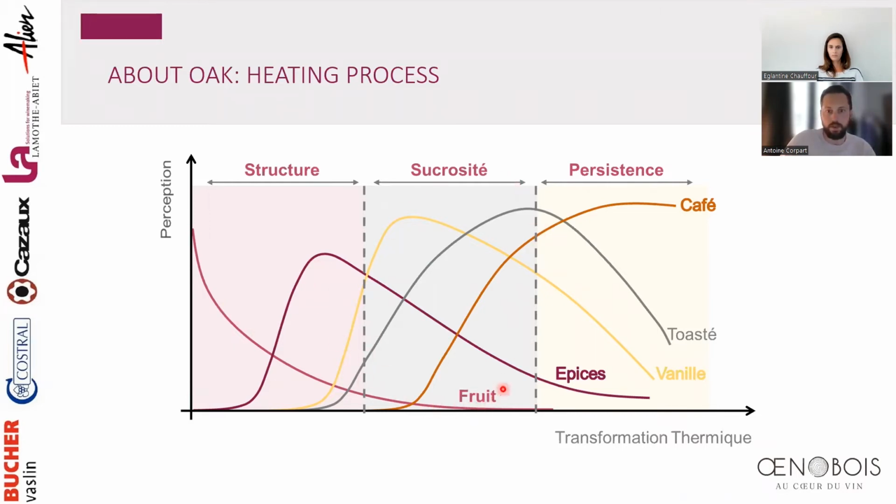For the middle heating, we are looking for more sweetness without too much tannic concentration, and we want more vanilla and toasted notes. And finally, when we work with high heating, we are looking for more aromatic persistence, more aromatic complexity, and a lot of coffee notes.